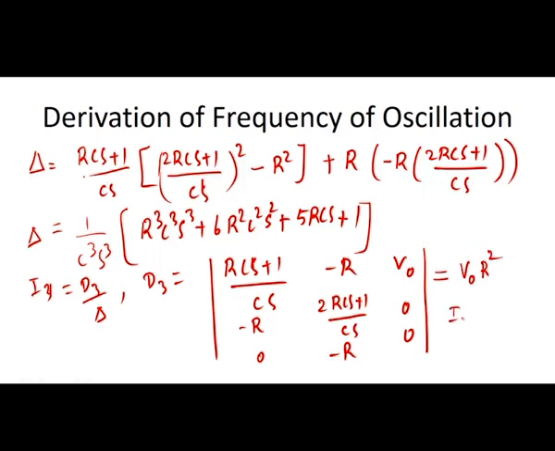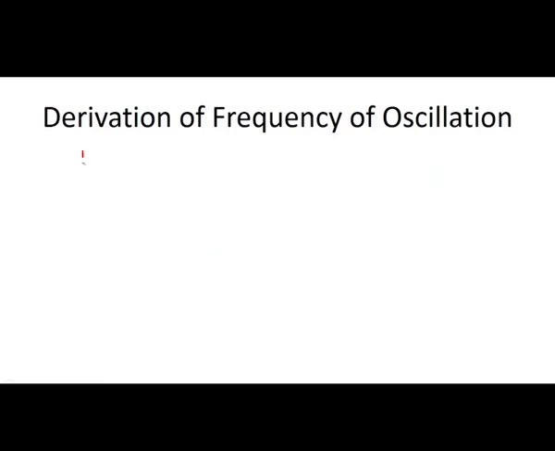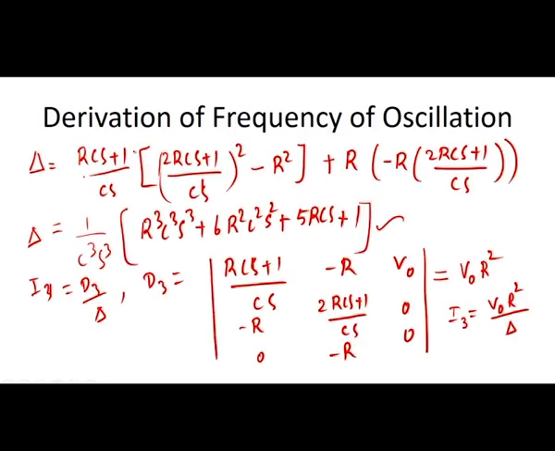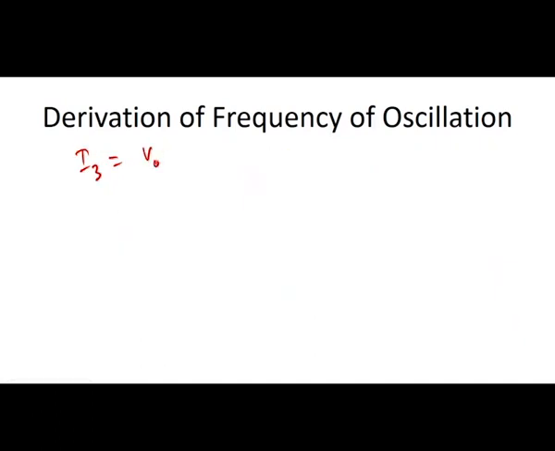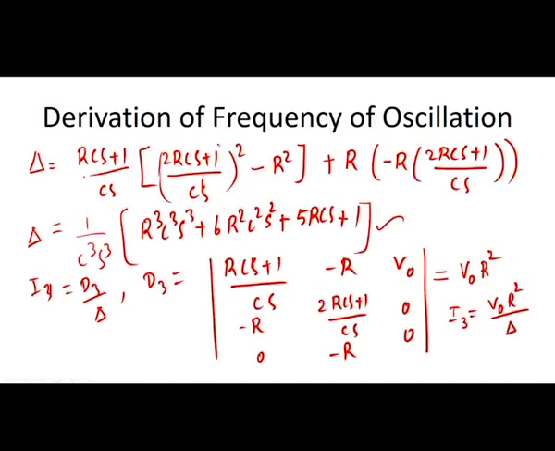So I3 will be now V0 R square by del. So del is this. You have to substitute this equation here for I3. I3 will be equal to V0 R square.